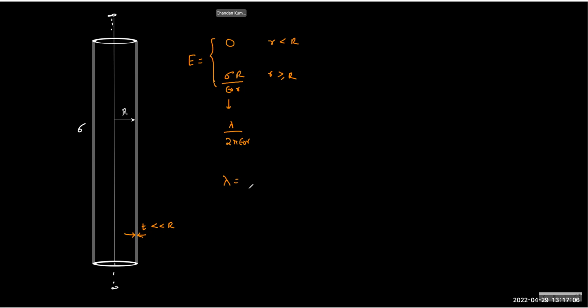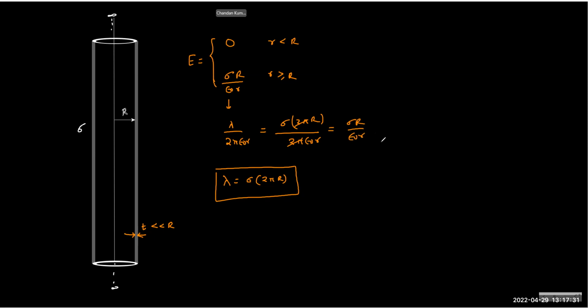So lambda in terms of sigma will be sigma into perimeter. So sigma into perimeter is lambda. The moment you substitute here, you get the exact answer, right?